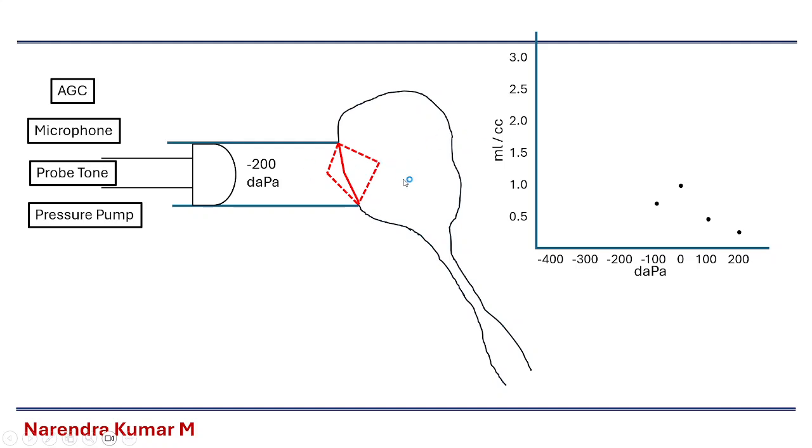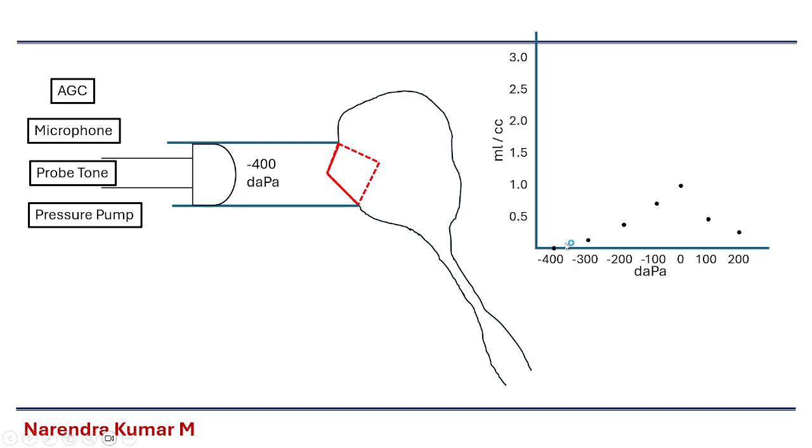So a lesser amount of sound is being admitted. So the admittance decreases. Like this, at minus 300 daPa, again the admittance decreases. At minus 400 daPa, the extreme end, where there is virtually very limited movement of the tympanic membrane, most of the sound is reflected back into the ear canal, and very little sound is being admitted into the middle ear space.